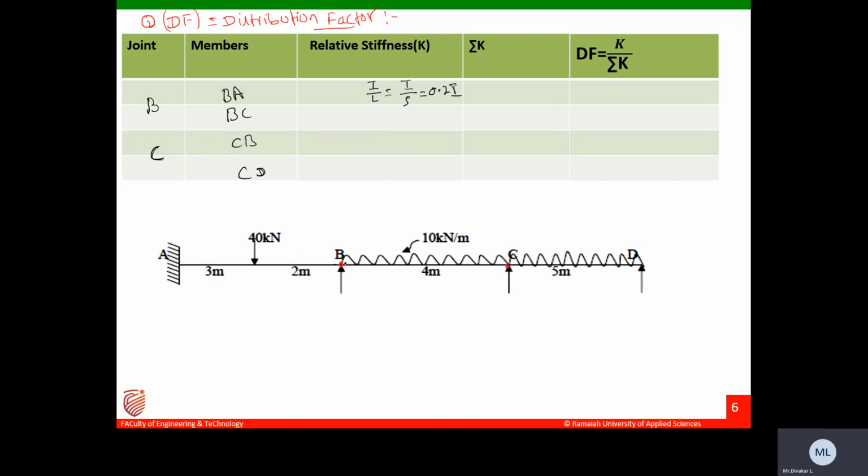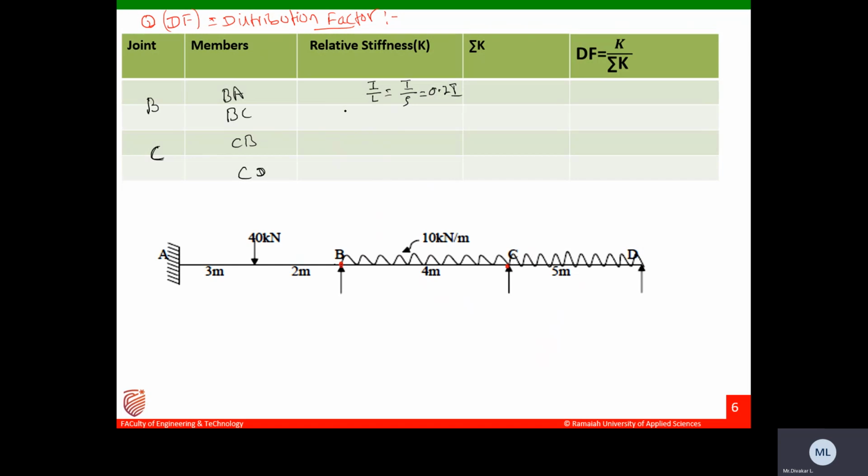Similarly, BC. Now you can see here, you can check that with respect to intermediate support B. With respect to intermediate support B, for the BC member the relative stiffness will be, so we can see, with respect to C, which is the continuous support.